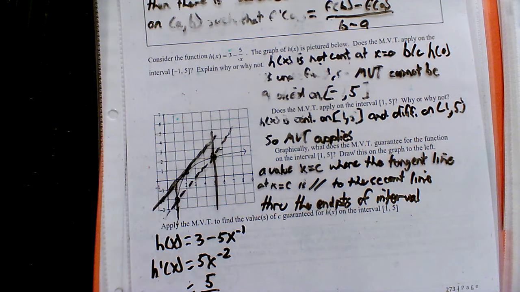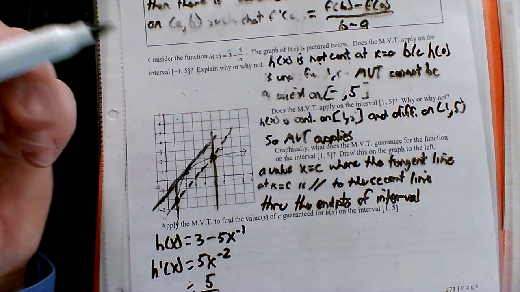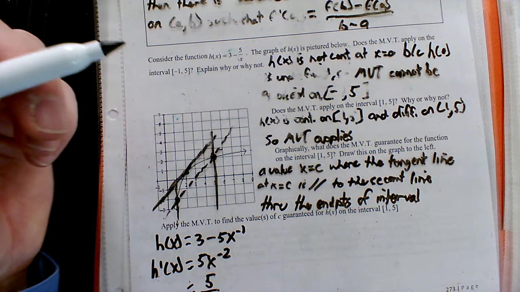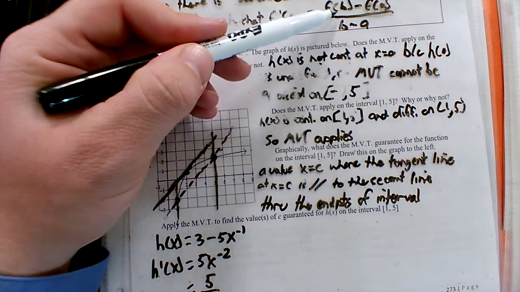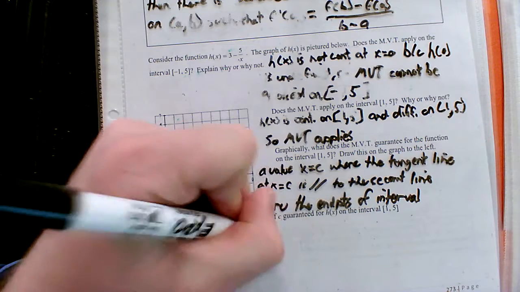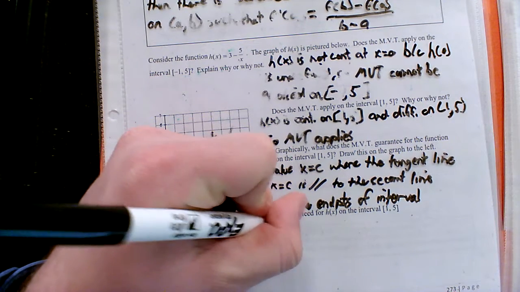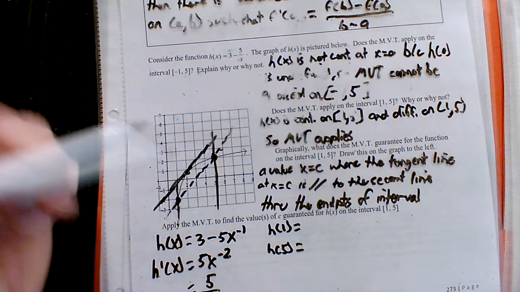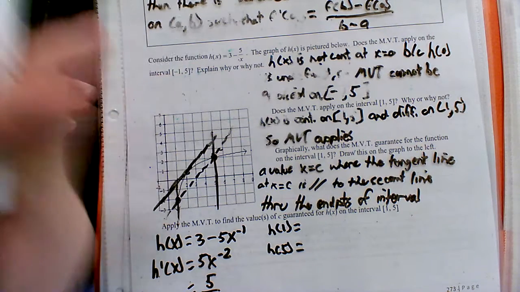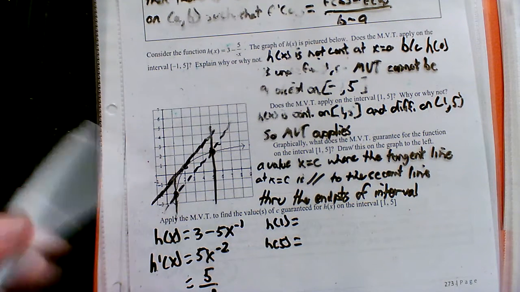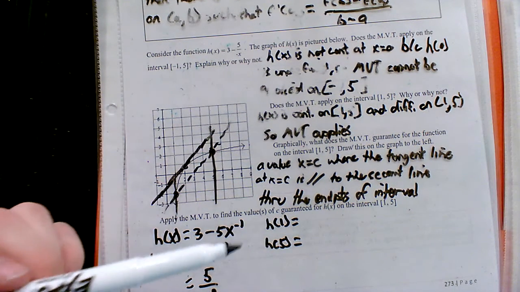So we have our original function, we have the derivative. Let's find our endpoints. We need to know the endpoints to be able to use the mean value theorem. So h of 1 and h of 5. You have a graph or you have the function, either way. Find out what h of 1 is and what h of 5 is.